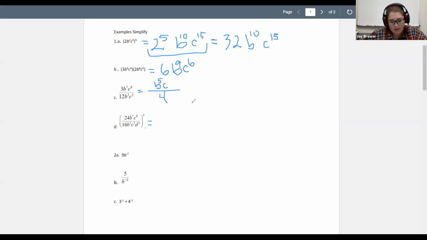Somebody else, somebody new. It looks like you guys are really jamming on this. I'm very excited. Somebody else do D. I know it looks scary, but just take it piece by piece and you guys got it. I'll tell you, you can do the inside first and then bring in the 4th after.